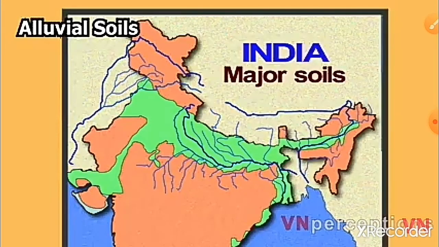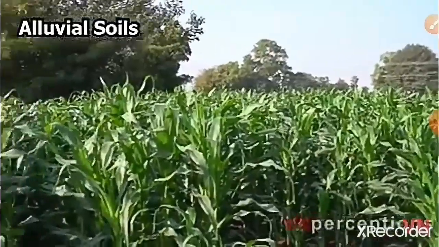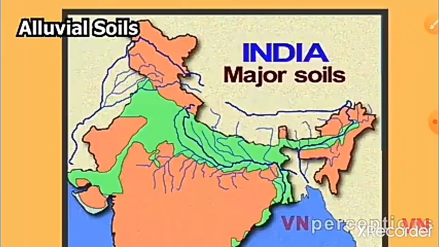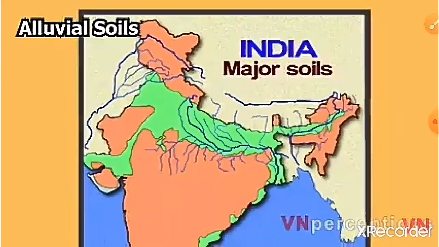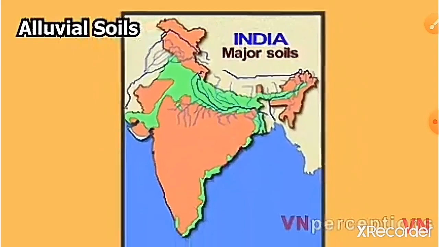Due to its high fertility, these alluvial soil regions are intensively cultivated and densely populated. The entire northern plain is made up of this soil and it is known as inland alluvium. It extends from Sindh in Pakistan up to Bangladesh.